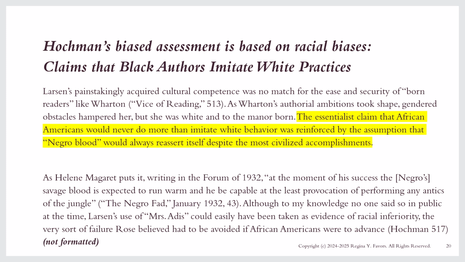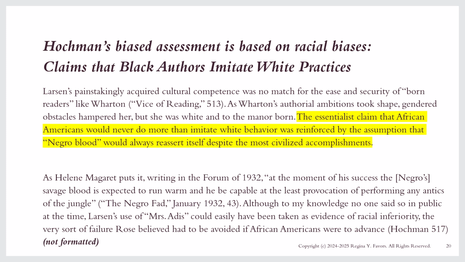The essentialist claim that African Americans would never do more than imitate white behavior was enforced by the assumption that Negro blood would always reassert itself despite the most civilized accomplishments. As Helene Margaret puts it, writing in the Forum of 1932, at the moment of his success, the Negro savage blood is expected to run warm and he be capable at the least provocation of performing any antics of the jungle.